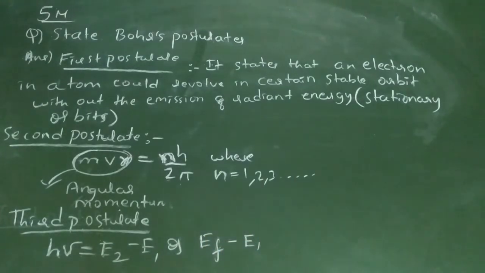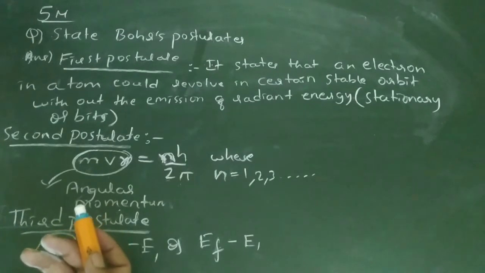When the electron jumps from a higher orbit to a lower orbit, electromagnetic radiation is emitted with frequency mu, and the energy of that radiation is given by h into mu. This is what you have to write.